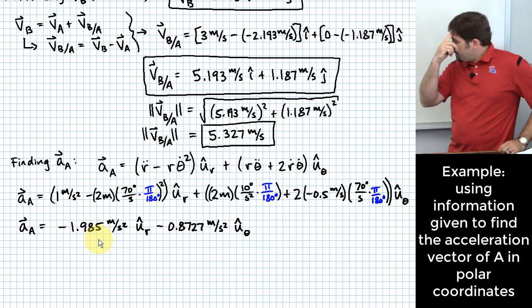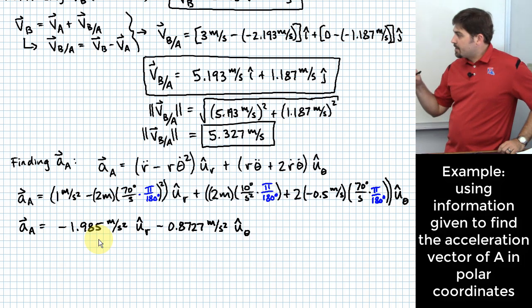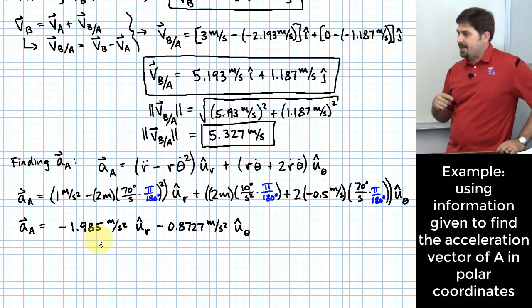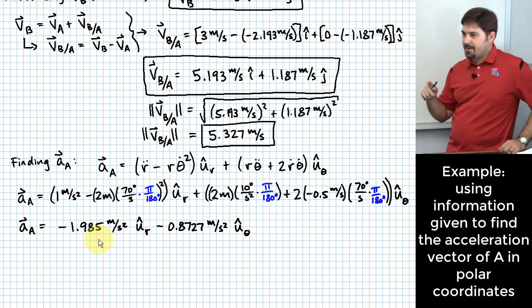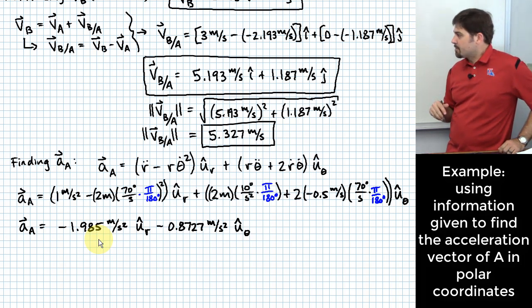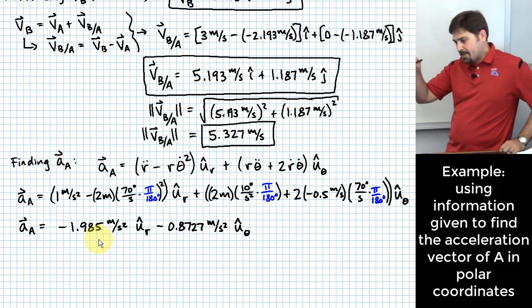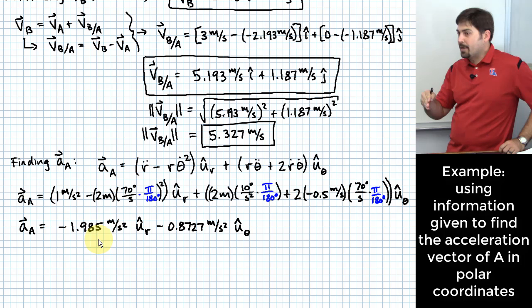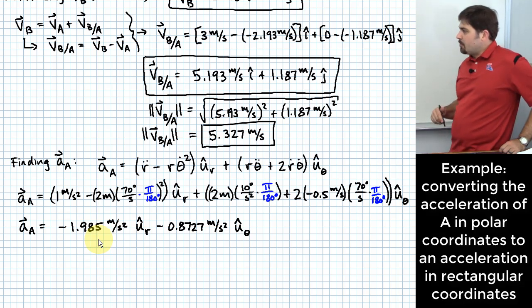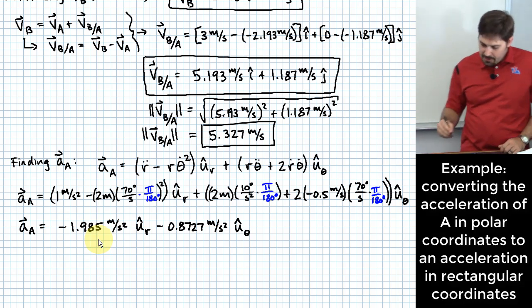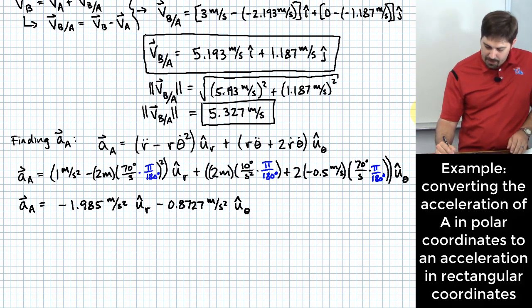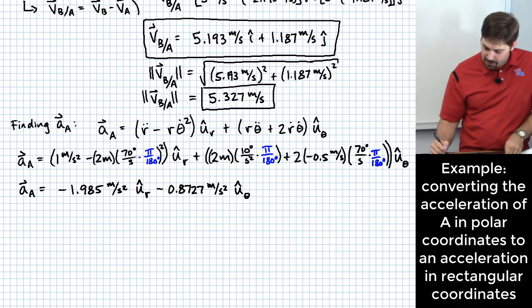For the other one, it means that even though the velocity is clockwise, the acceleration is counterclockwise, right? That's what that negative value means for the negative 0.8727. So it kind of means even though the velocity is going clockwise, it's slowing down in that direction. Again, we need to take this and convert it into x and y components if we're going to figure out these relative velocities.